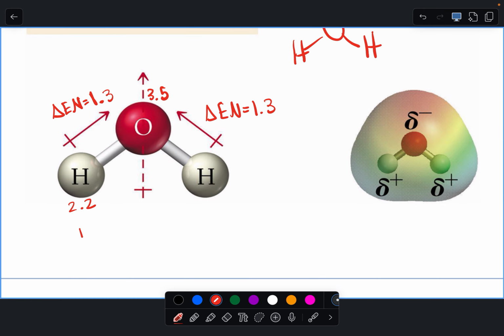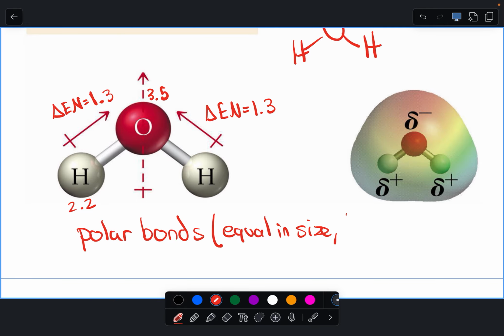So we've got polar bonds. They're equal in size, but not opposite in direction.